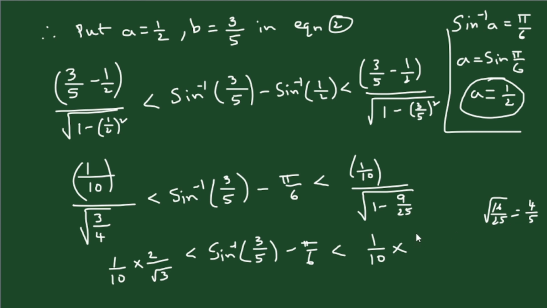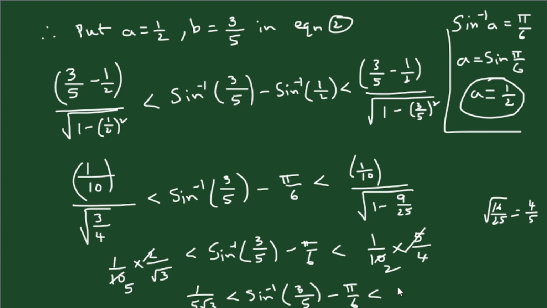So in the numerator, it becomes 5 by 4. So this 5 cancelled 2 times, here this 2 cancelled with 10, 5 times. So 1 by 5 root 3 less than sin inverse 3 by 5 minus pi by 6 less than 1 by 8. Now we add pi by 6 throughout the inequality.